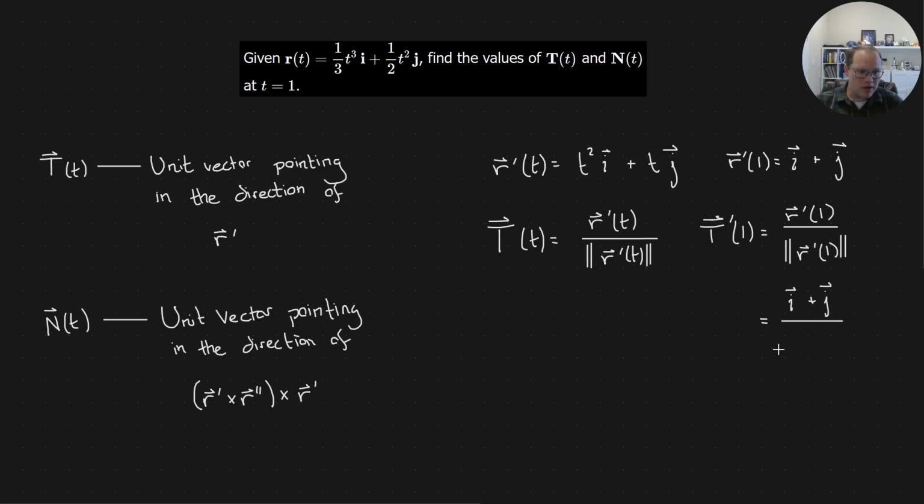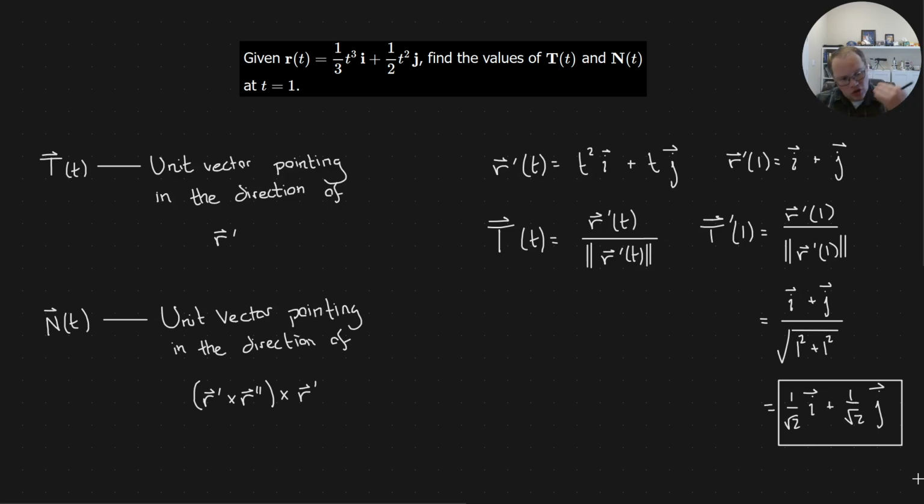In the denominator, the norm is the first component squared plus the second component squared. And so I get 1 over root 2 i plus 1 over root 2 j. That vector will be tangent to the curve at t equals 1, and it's also a unit vector. It has length 1. So that's the answer to the first part.